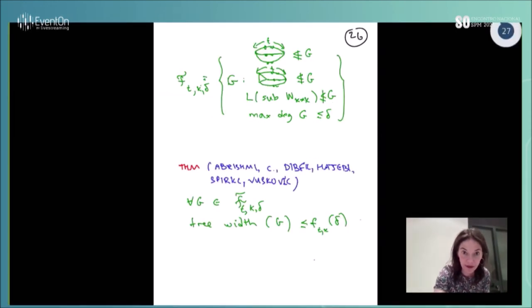And this is the last thing. I told you Sintiari and Trotignon constructed graphs with no induced even cycles and huge treewidth. They also constructed graphs with no theta and no triangle and huge treewidth. A theta is a graph like this: two vertices and three induced paths between them.